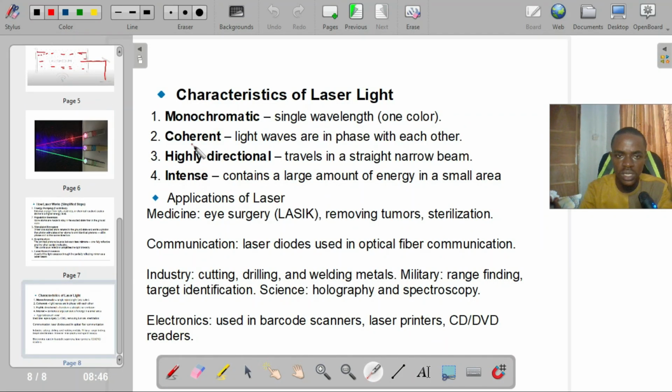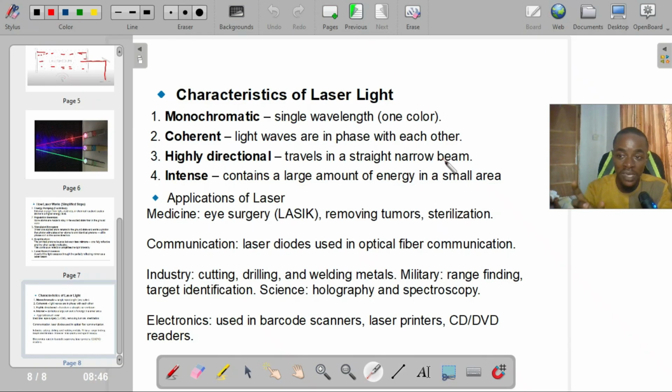The next one is the coherence. So light waves are in phase with each other, which I've explained in the beginning of this video. It is highly directional and travels in a straight, narrow beam, and that is why it is very intense and not advisable to apply it on your skin or on your TV or anything you just want to test it on.